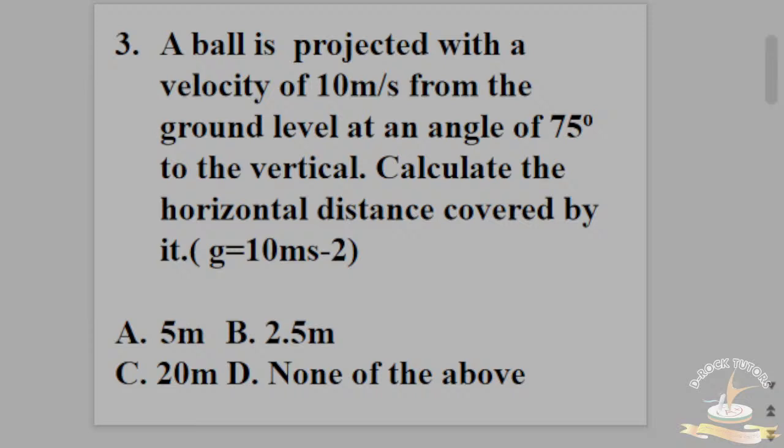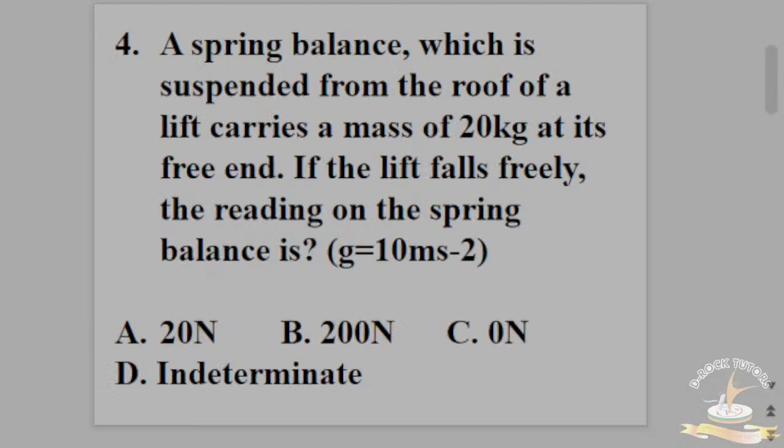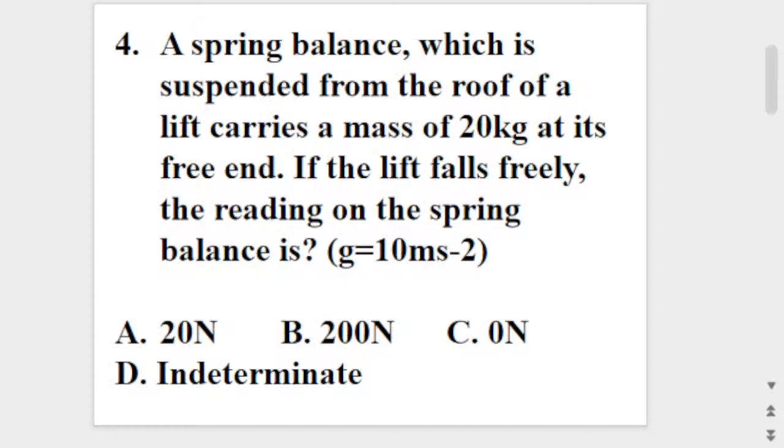It says, a spring balance which is suspended from the roof of a lift carries a mass of 20 kilograms at its free end. If the lift falls freely, the reading on the spring balance is what? And we are given once again the acceleration due to gravity to be 10 meters per second squared.